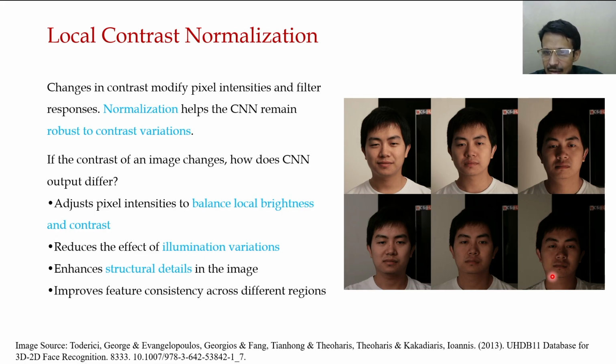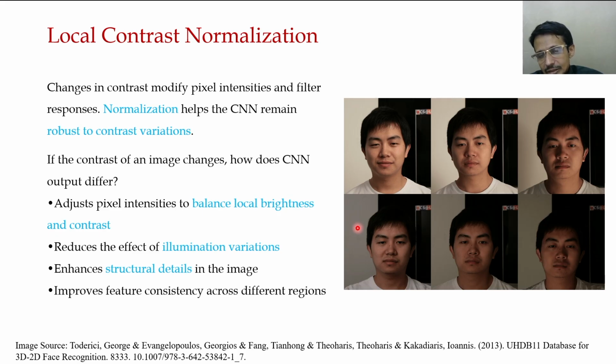This is the case where the light is very less or coming from a different direction. In this local contrast normalization, changes in contrast modify pixel intensity and filter response. It is the same image.